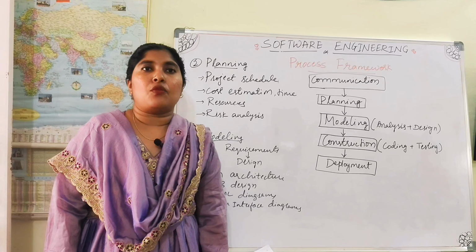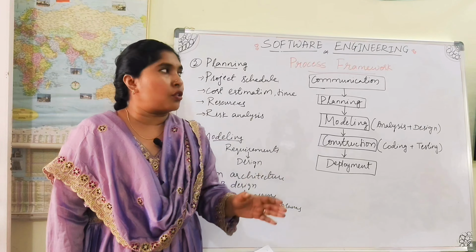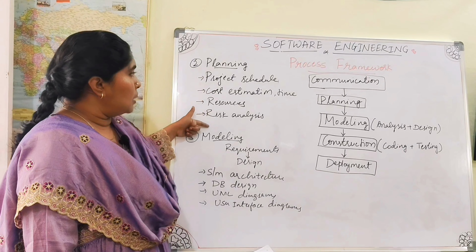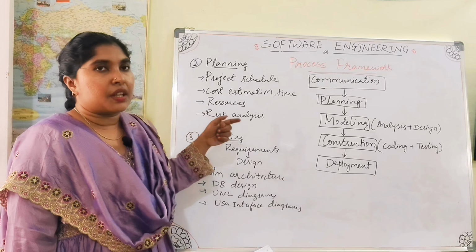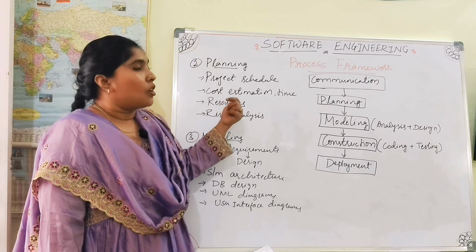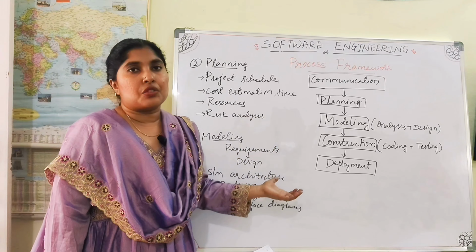After understanding the requirements and making a document like the software requirement document, the next step is planning. We plan the project schedule, cost estimation, time estimation, risk analysis and allocation of resources.